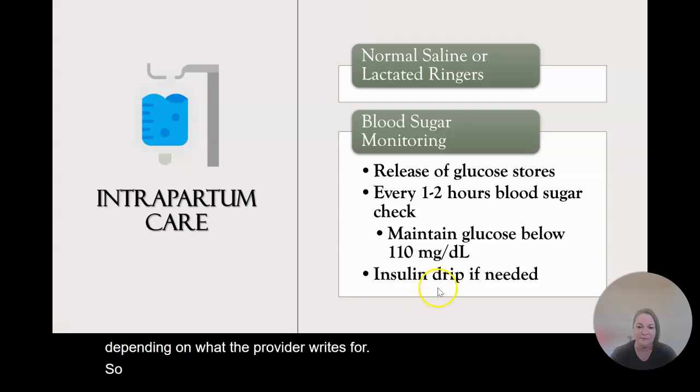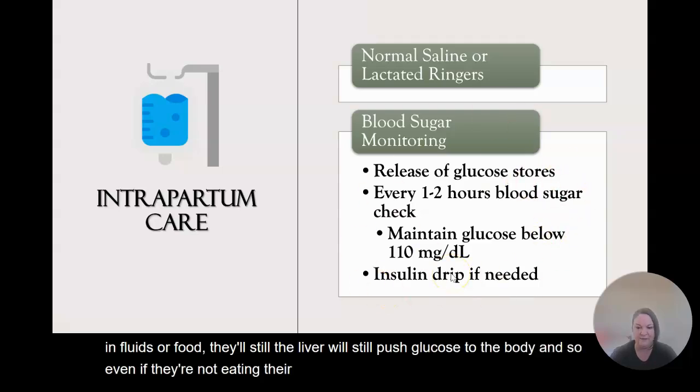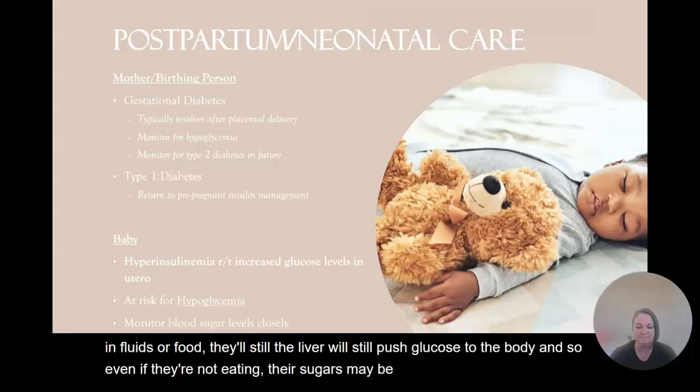To make another point, even if mom is NPO during labor or not taking in fluids or food, the liver will still push glucose to the body, and so even if they're not eating, their sugars may be increased.